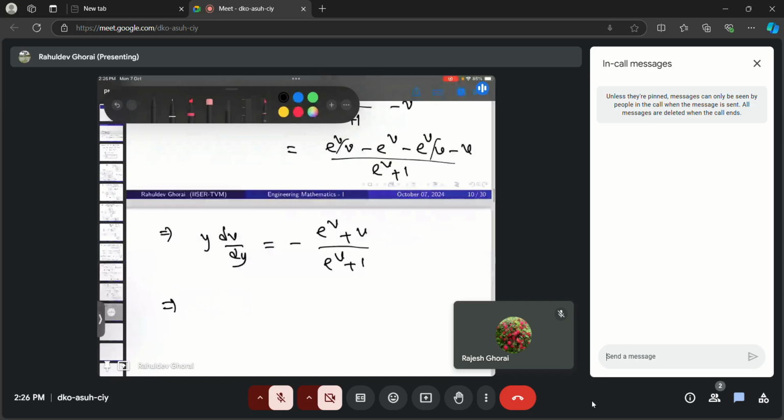That will give you y times (e^v plus v) is equal to constant. That implies y times e^(x/y) plus x is equal to c. Right? That implies x plus y times e^(x/y) is equal to c. So this will be the solution of the system we started with.